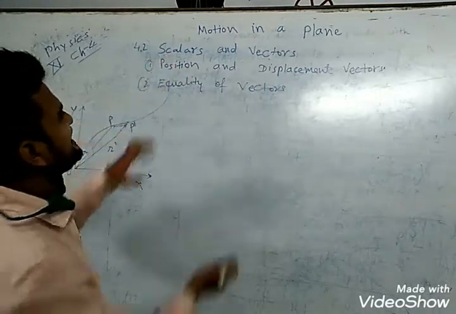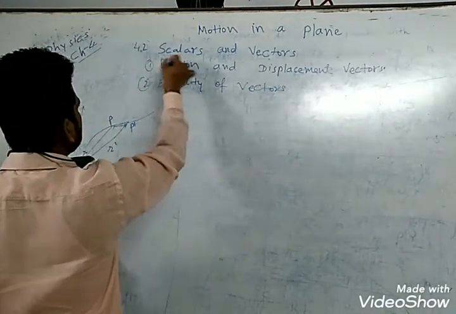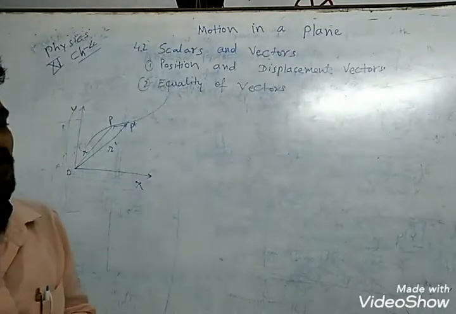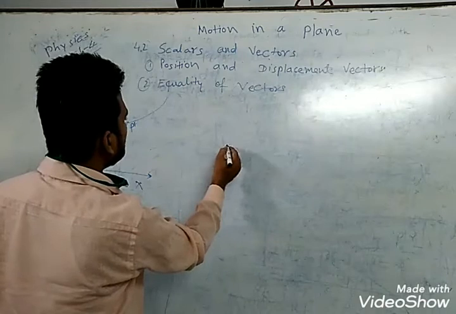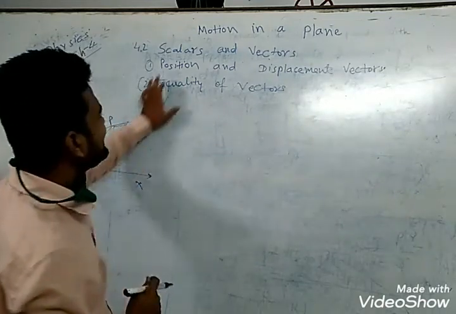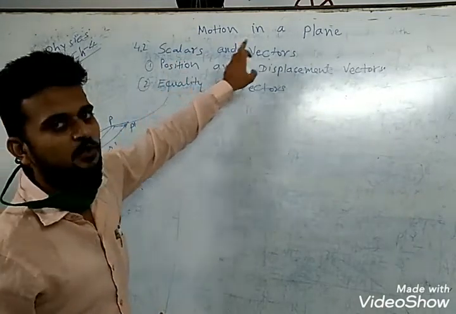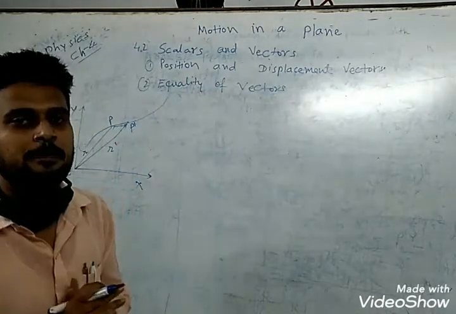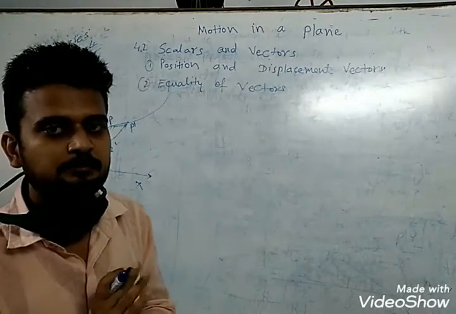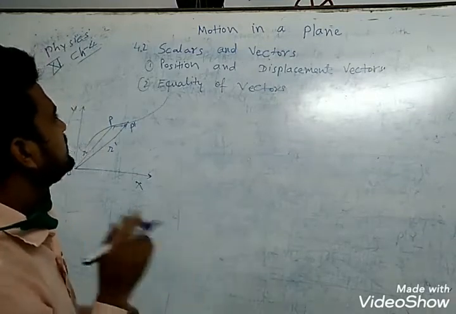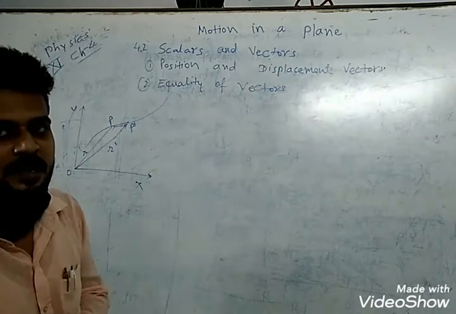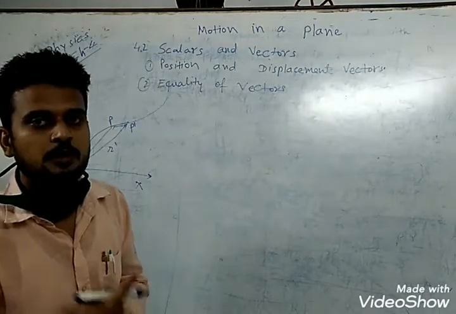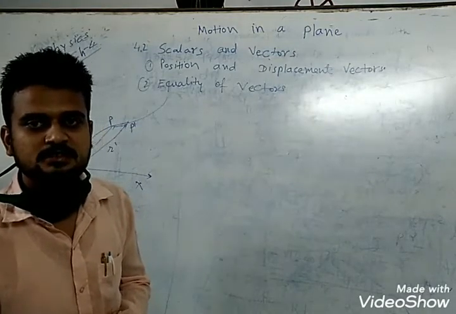First, scalar quantities depend only on magnitude. The second one is vectors, which depend on magnitude plus direction.